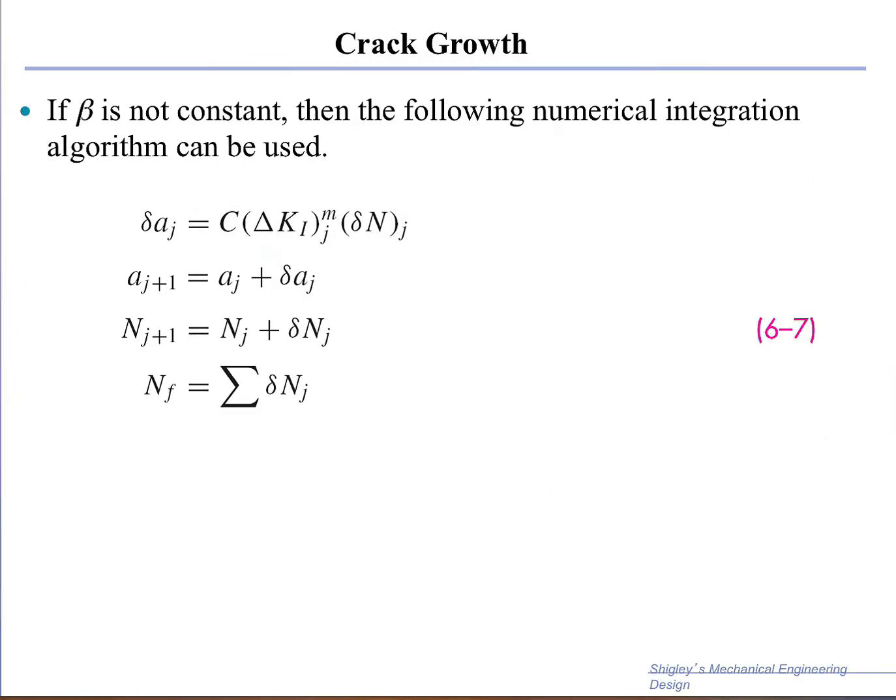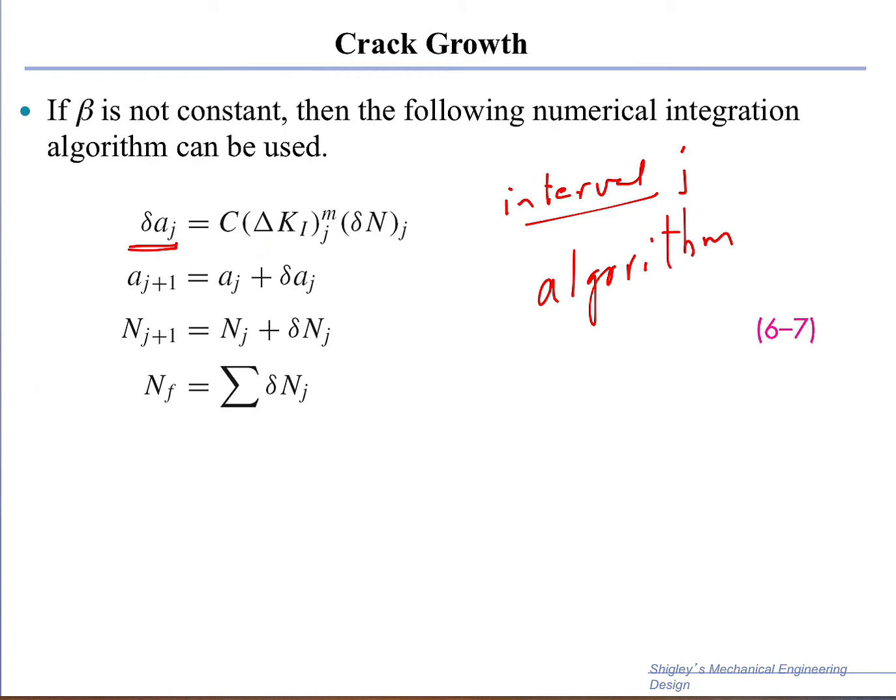So before we go to these numerical examples, I wanted to comment on an algorithm, and the algorithm is something that you can program in MATLAB. The previous equation, you can write as delta a sub j, where we have a time interval j.